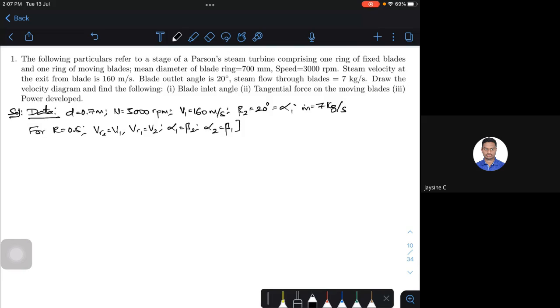This condition is there for R equal to 0.5. And what are the things we are supposed to find? The first one, the blade inlet angle, that is beta 1. Then the tangential force, that is Ft on the moving blade, and the third one is the power developed.